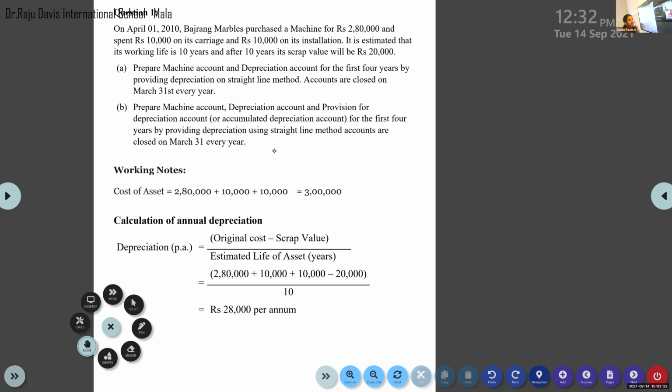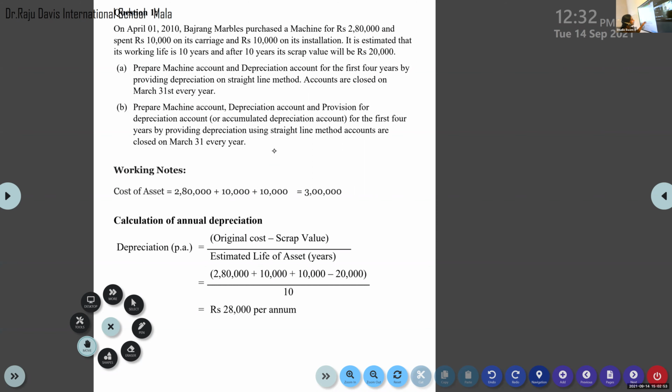Till that machinery is brought to the business and it starts functioning, whatever costs are incurred, whatever expenses you incurred, that all will be added along with the purchase price of the asset. So the first thing to do is to find out cost of asset.